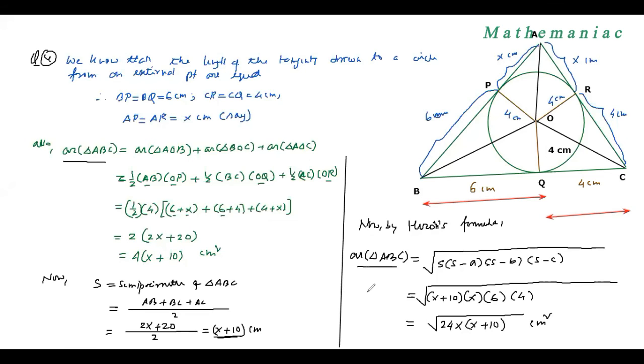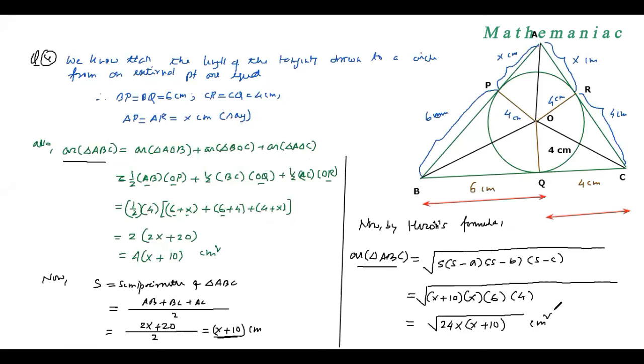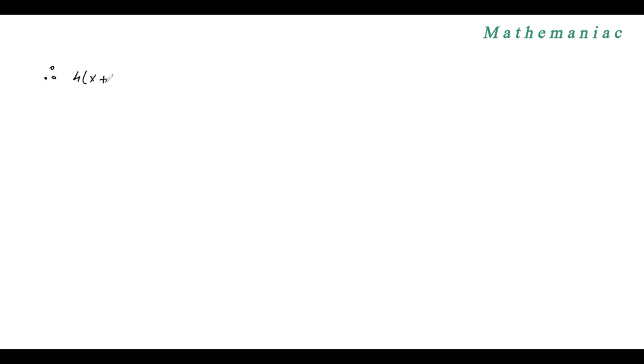So I can write, therefore, the first area was 4 times x plus 10, and this is equal to root over 24x, it is x plus 10.